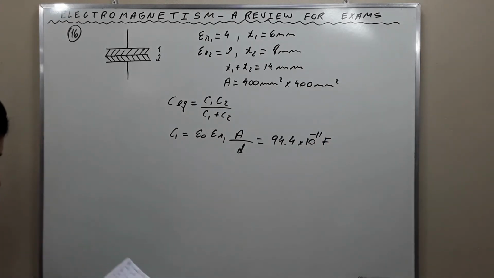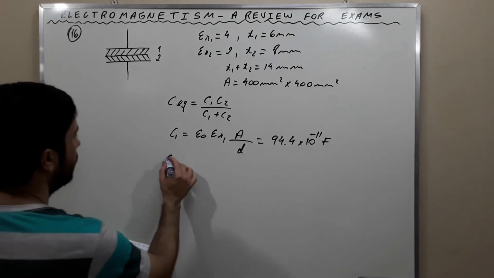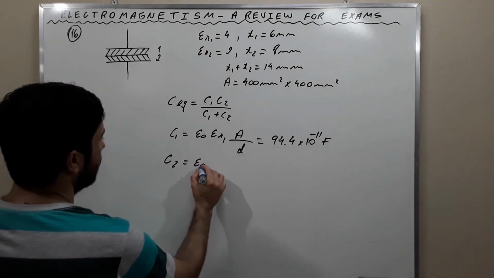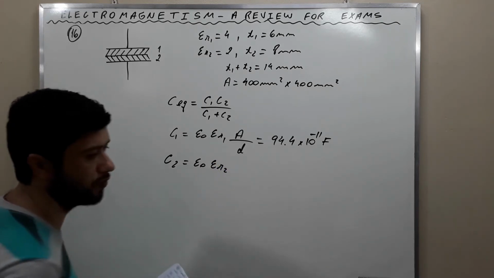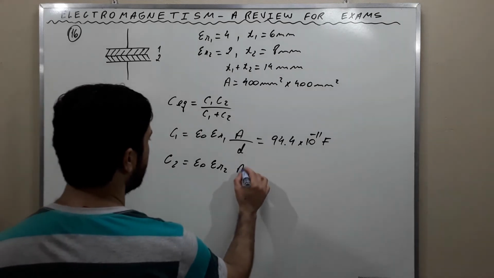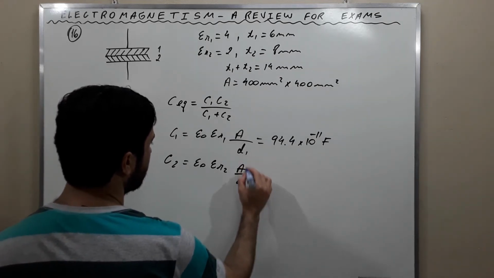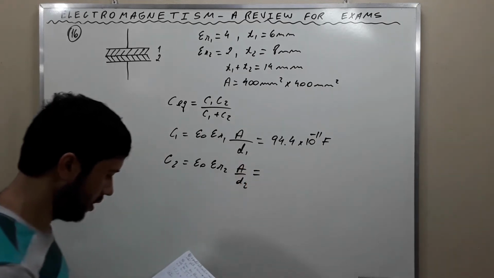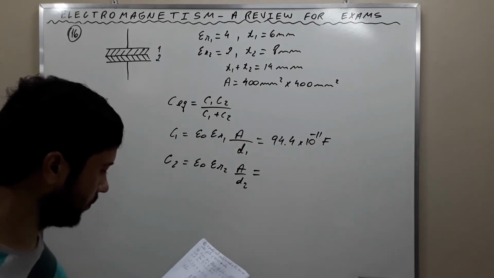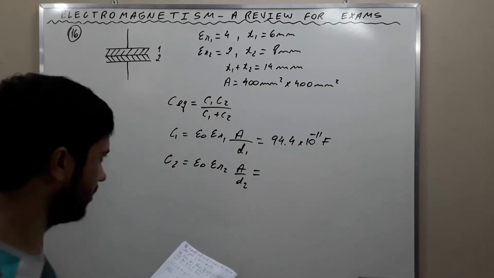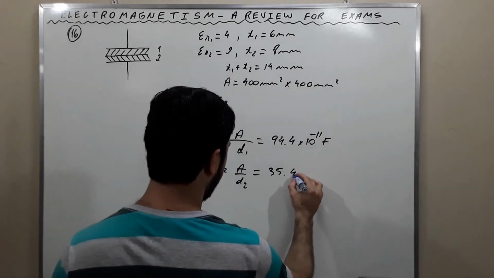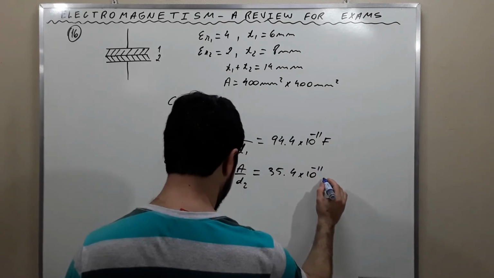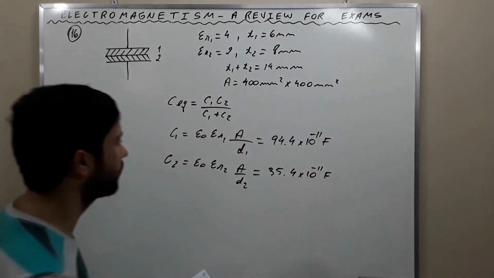And for the capacitance of the second dielectric we find the permittivity of free space times the relative permittivity of dielectric 2 A over D2, and using the values we find 35.4 times 10 to the negative 11 farads.